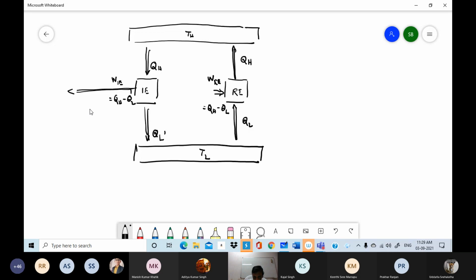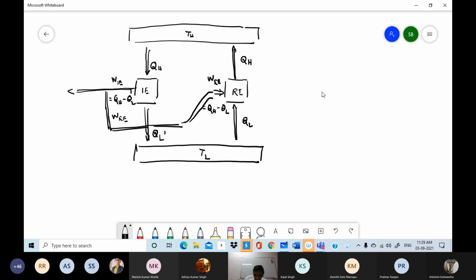Now that we have reversed it, this WIE is larger than this WRE. So let me tap an amount WRE from here. By assumption, this was more efficient, so WIE is larger.